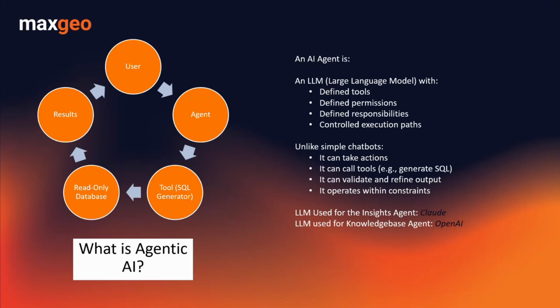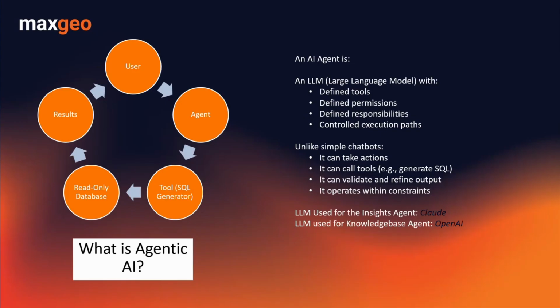So what is an AI agent? Ultimately, it's a large language model. There's multiple large language models out there: OpenAI, there's Claude, there's Gemini, so on and so forth. It can kind of go on forever. More and more of those come out every single day.